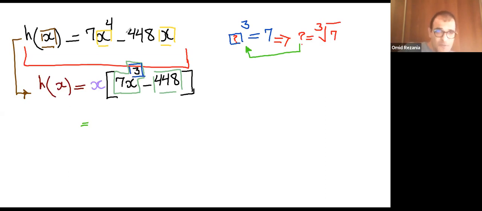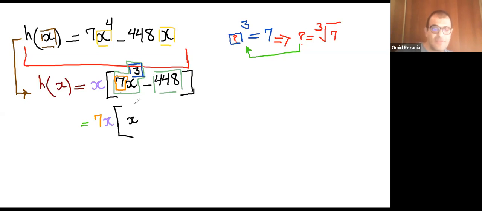The question is this: can I also factor out 7 to get the coefficient of the x cubed equal to 1? Because it's sometimes easier, when we have the cubic family, to have the coefficient of x to the power 3 be 1. If I factor out 7, I have to write 7, and I had x from the previous factorization, but the plan is going to be very easy now.